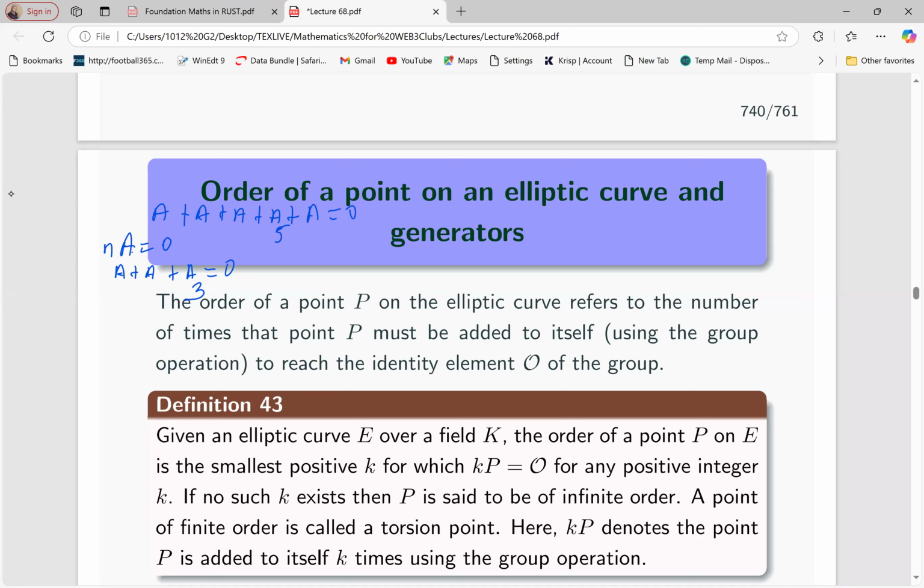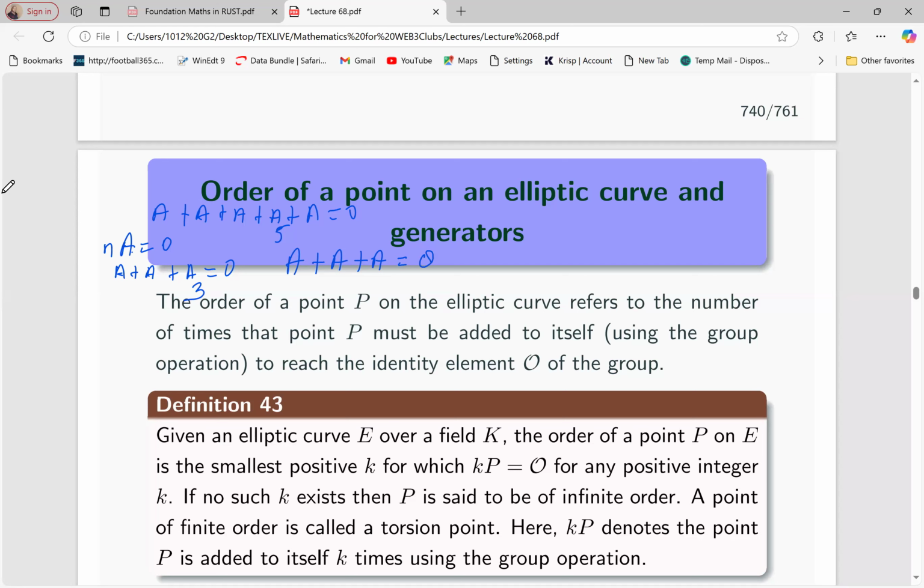And since the elliptic curves are groups under addition, not groups under multiplication, again we are saying the order of an element A is the smallest integer which, when A is added that number of times, you get the identity. The identity this time is the point at infinity.